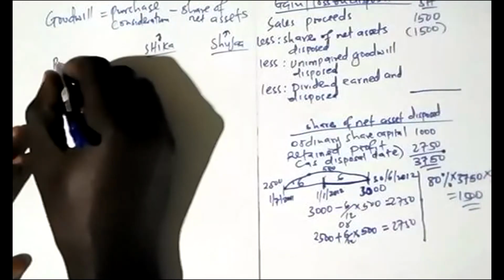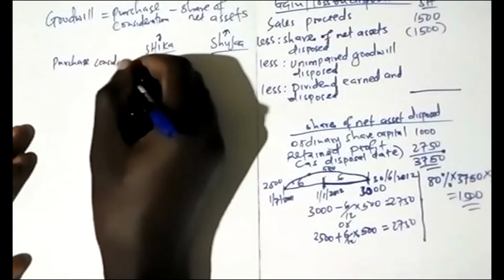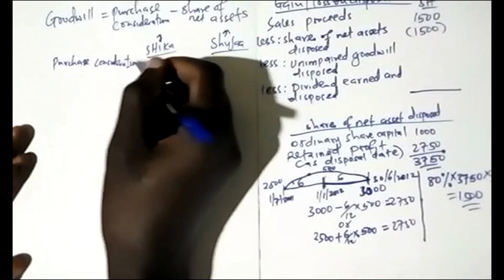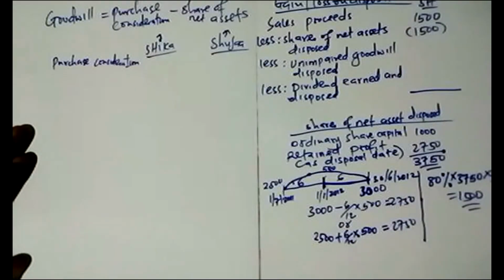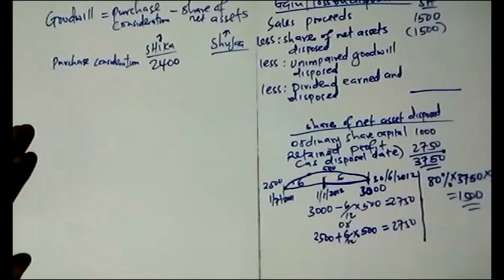So I start with purchase consideration. When the parent was acquiring Shika, he paid 2,400. That one is given in additional information number 1. Then what about when he was acquiring Shuja?